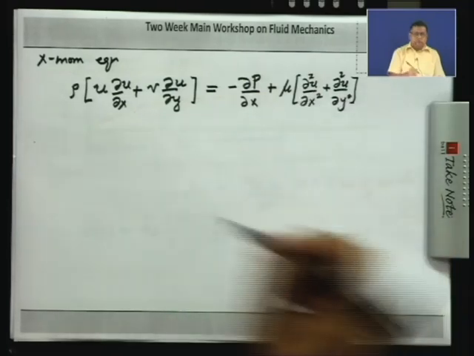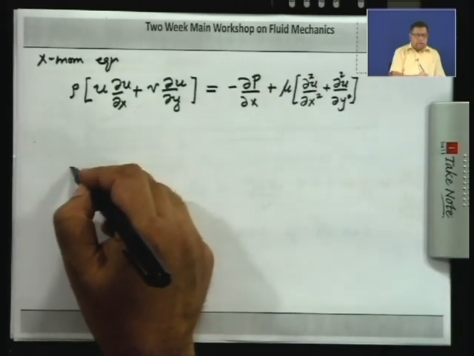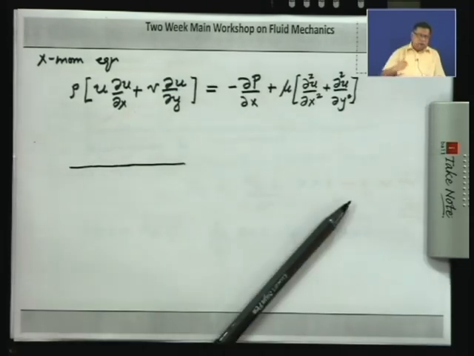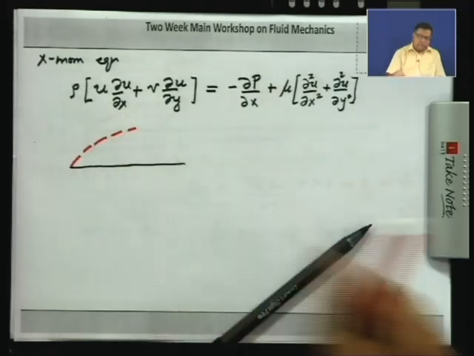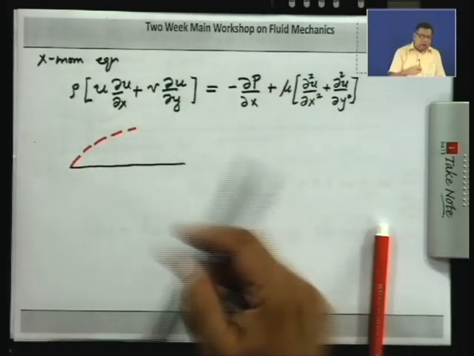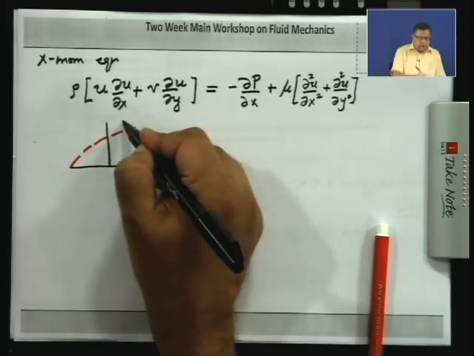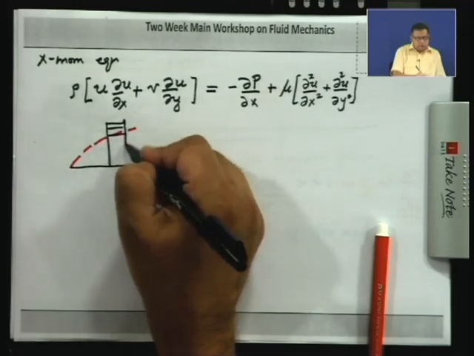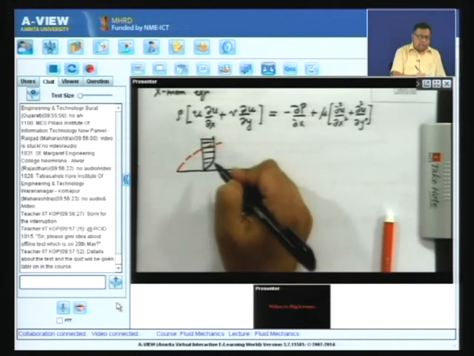I will explain this by looking at a control volume. Suppose this is your plate and I will draw an enlarged view. Let us say this is the edge of the boundary layer. I will take a velocity profile at this section, which is going to have a shape like this, typical shape.